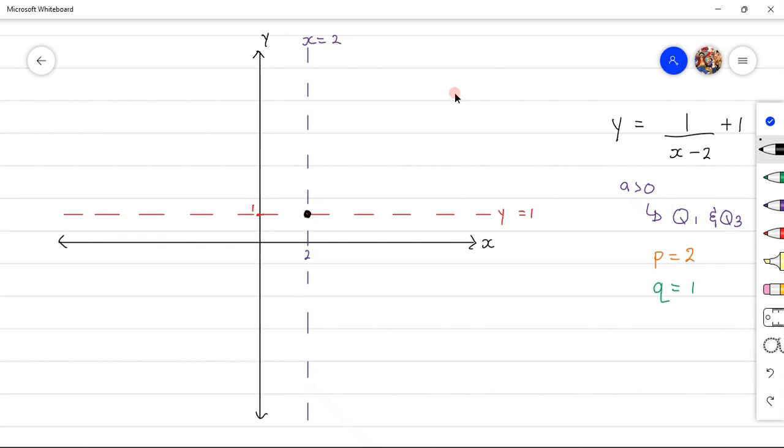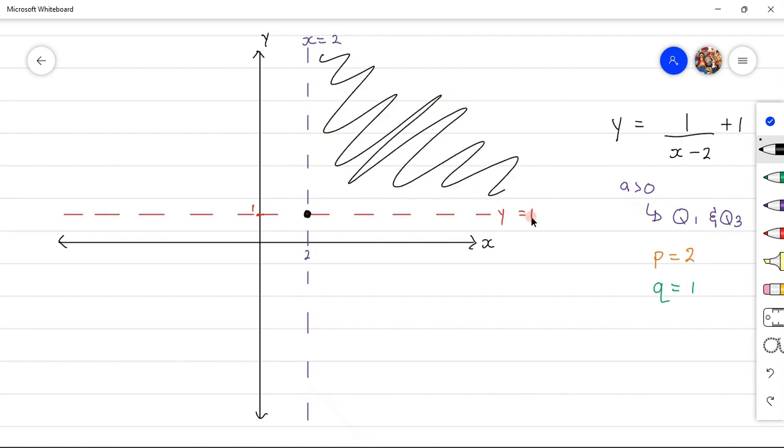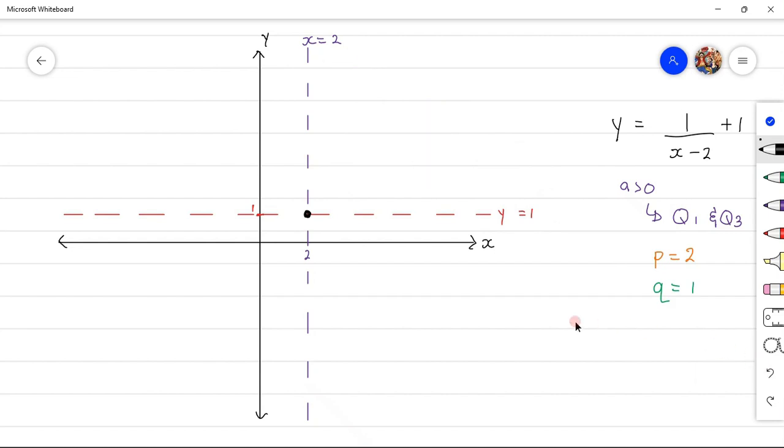Because our function within quadrant 1, which is this area over here, does not intersect the x or y axis, we can just draw a random curve within this quadrant, making sure that our curve does not pass or intersect our asymptotes.